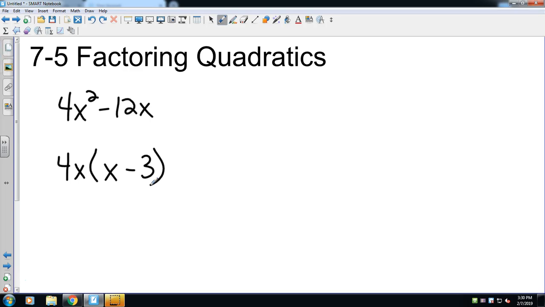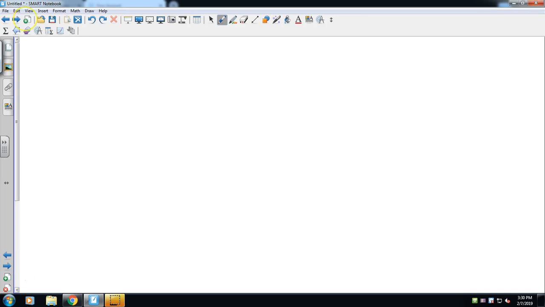Now we're going to take a look at factoring trinomials. If I have something like x squared, let's start with this one, x squared plus 8x plus 12.